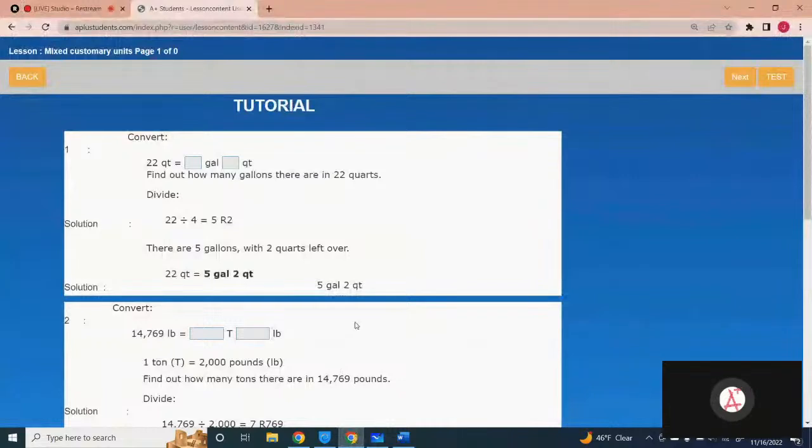Okay, the next one is 22 quarts equals how many gallons and how many quarts?